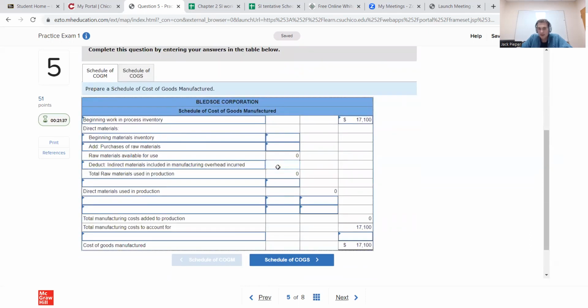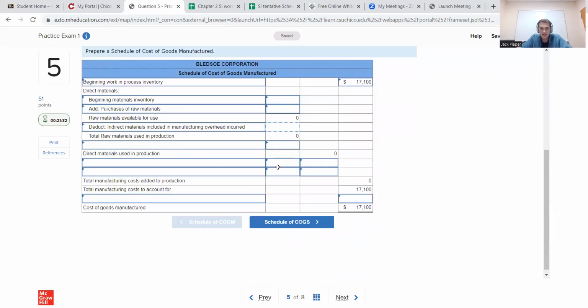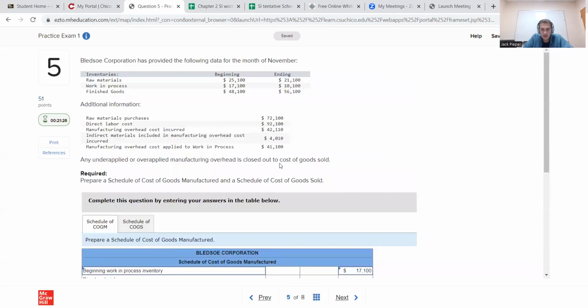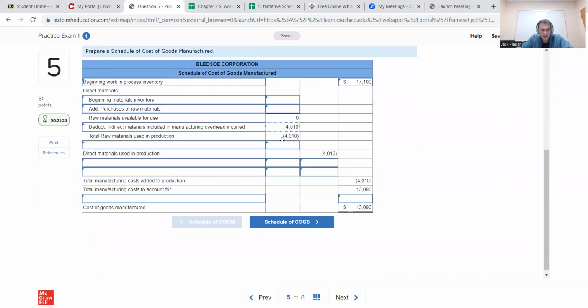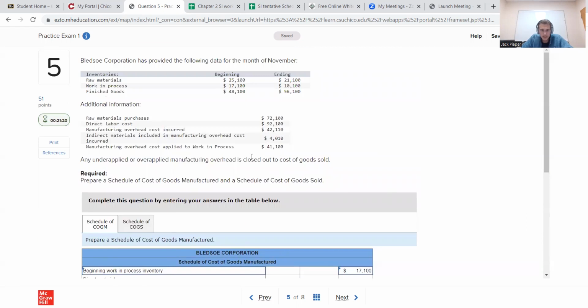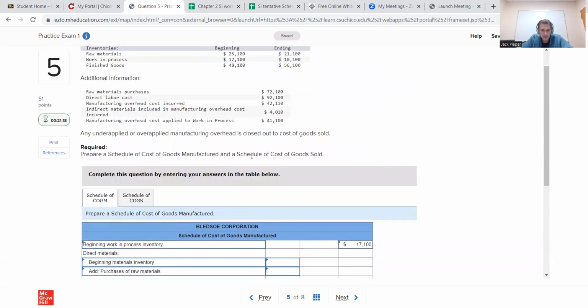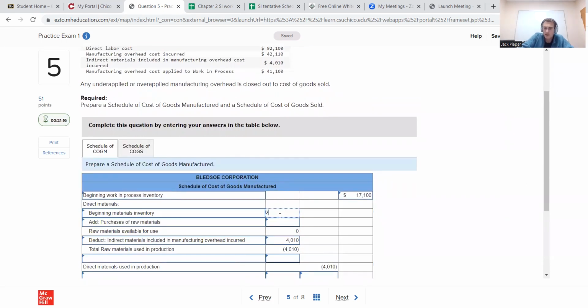If you didn't have any indirect materials, you don't need to deduct the cost, but just understand that you need to deduct the cost if you do. So, well, I'm going to break my rule and do 410. I'm going to put the number in just so we get it. All right. Now, if we did all of this right, actually, I'll put in the numbers now. So raw materials beginning inventory was 25,100.